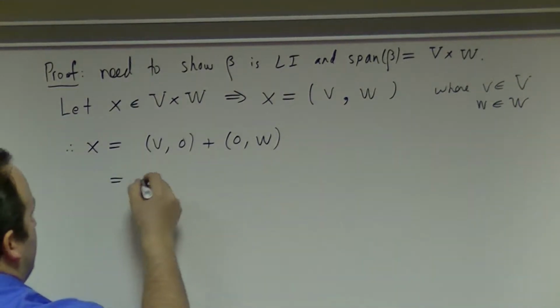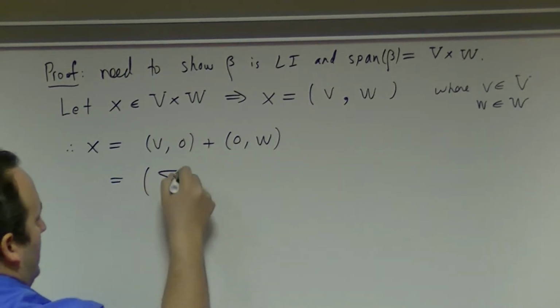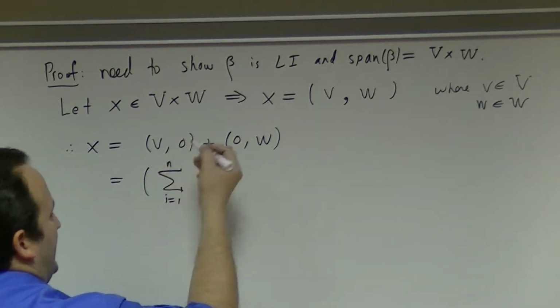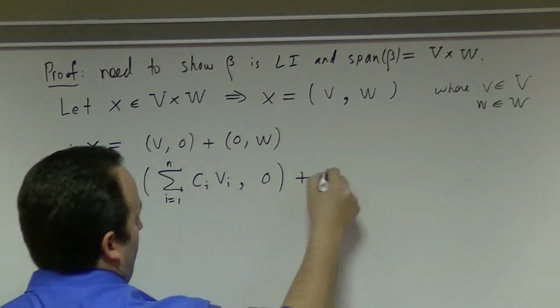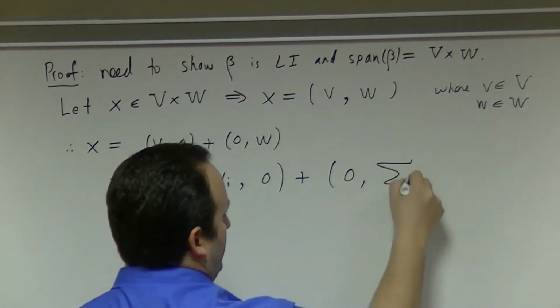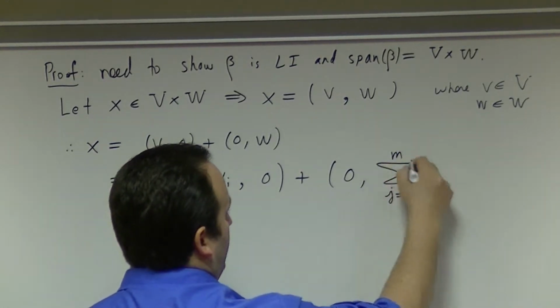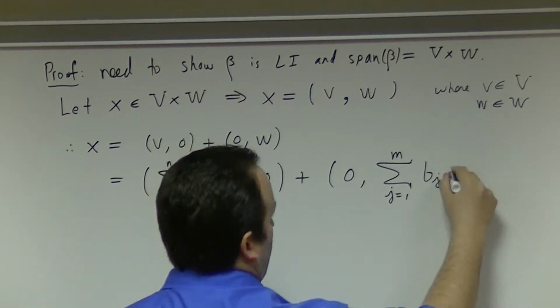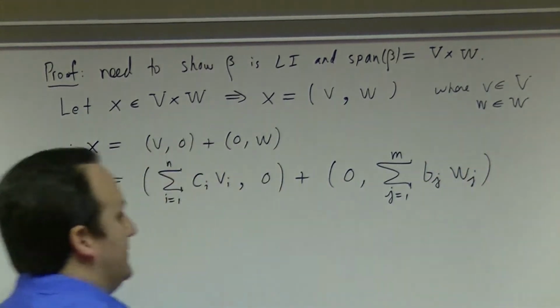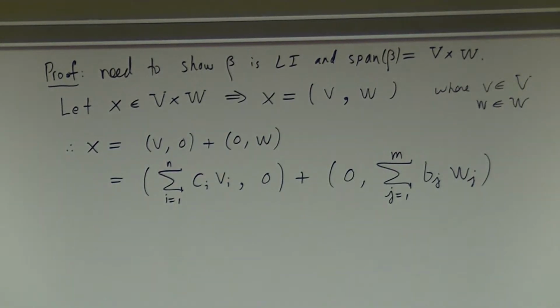So I can write this as the sum, say i equals 1 to n, of some constants, let's call them c_i, times v_i. And then over here, 0 and the sum, let's say j equals 1 to m, I need some other letter, let's say b_j, times w_j. And then, by definition of the vector space structure here, I can pull out the finite sums and pull out the scalars, and look what I got.